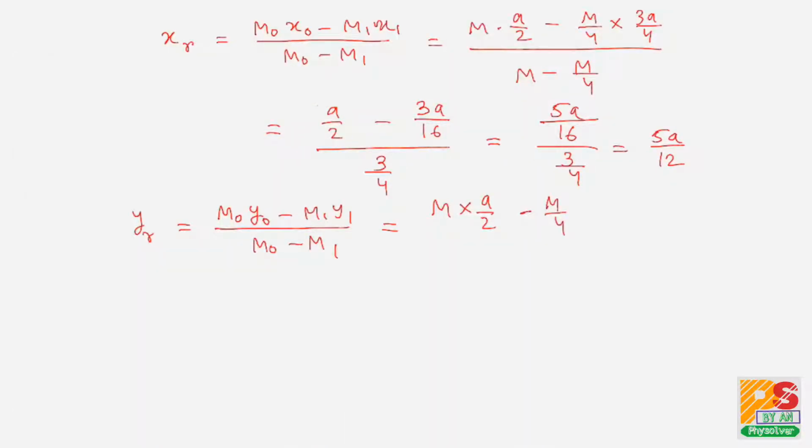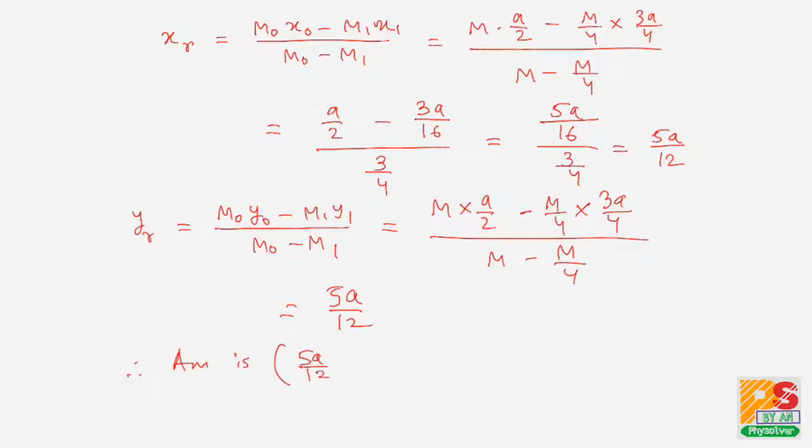It's very simple. Again I will get 5a by 12. Therefore the answer is 5a by 12 comma 5a by 12. I hope you understand this example. This is a very straightforward example.